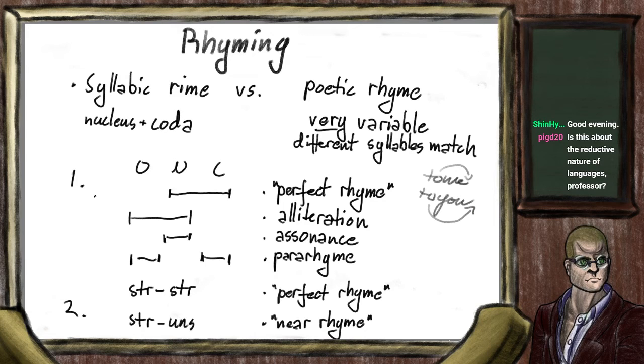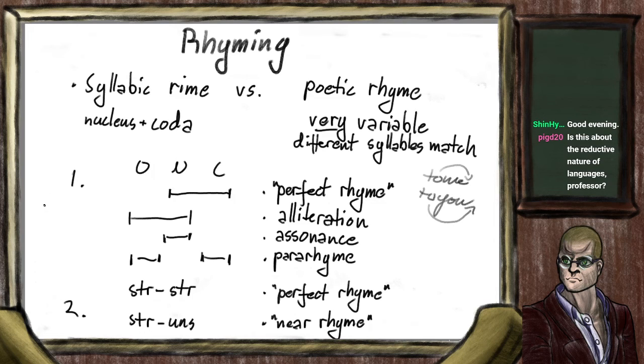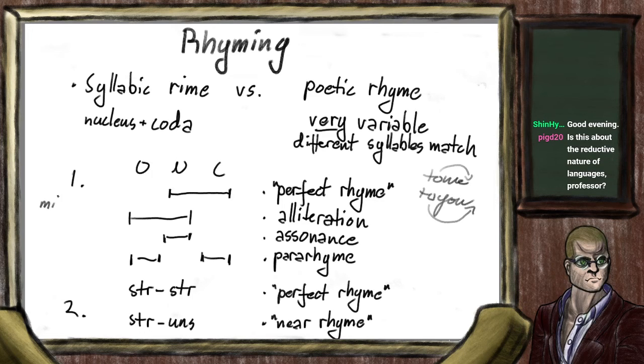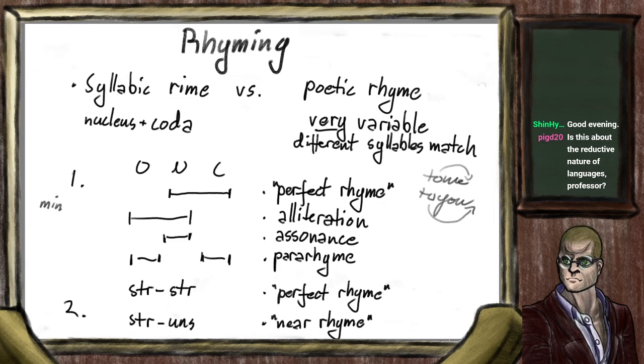So let's take, I think I'll have to take a Finnish language example because, of course, Japanese is more familiar to most of you, I imagine. But Japanese poetry generally doesn't care about the rhyme. It's a lot more about the meter. So let's take the same to me and to you.